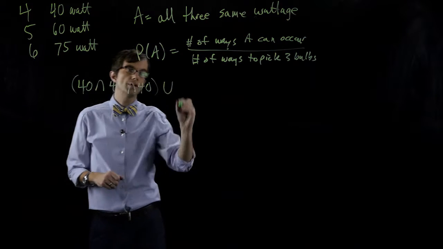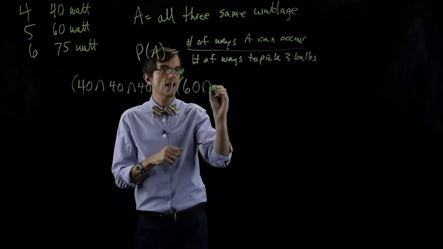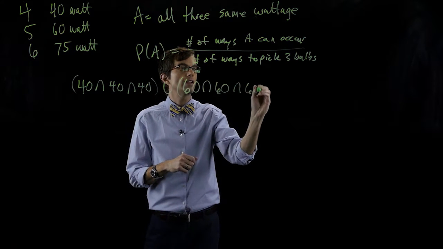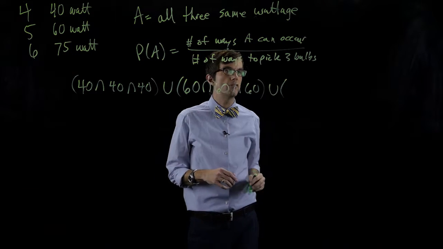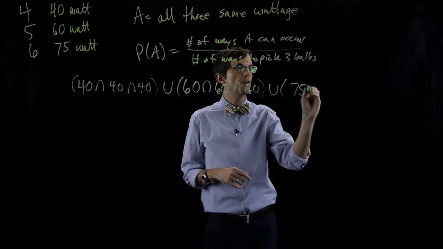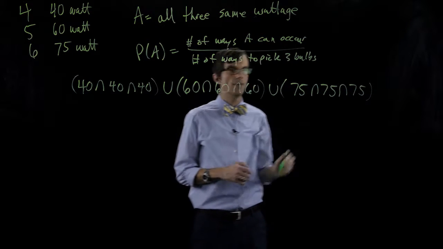Or we could pick 3 different bulbs and they're all 60. 60 and 60 and 60. Or we could pick 3 different bulbs and they would all be 75. 75 and 75 and 75.